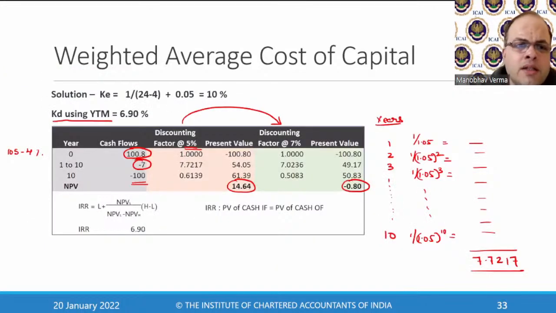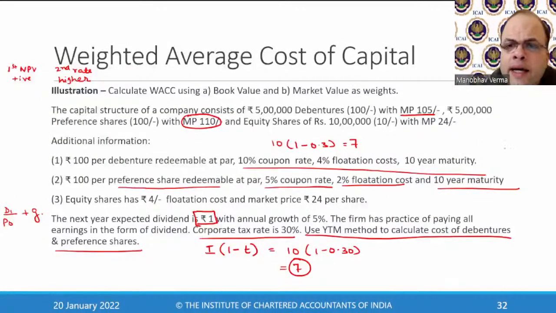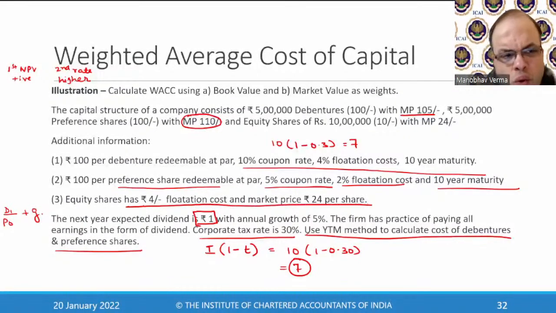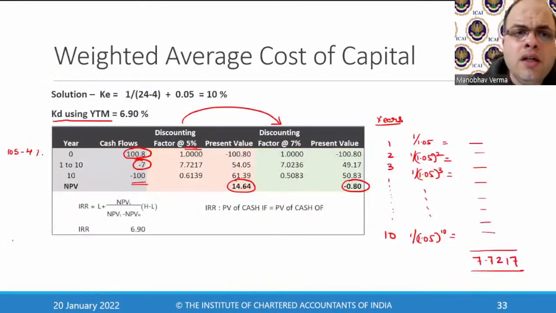My P0 is 24 minus the flotation cost. The flotation cost is 4, and the market price is 24. So my net proceeds give us 1 upon 20 plus a g of 0.05. It means a 10% cost of equity, guys. So the cost of equity is done, 10%.